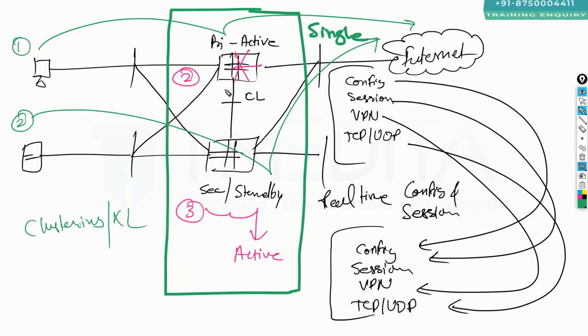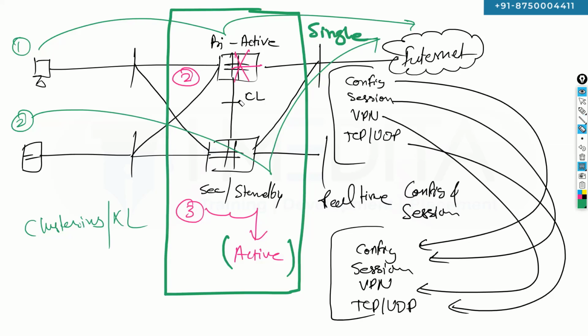We configure one firewall as primary and another as secondary. First traffic will go via primary, and if the primary firewall goes down, the secondary firewall will take over the role, and all the traffic will go via the new active firewall.